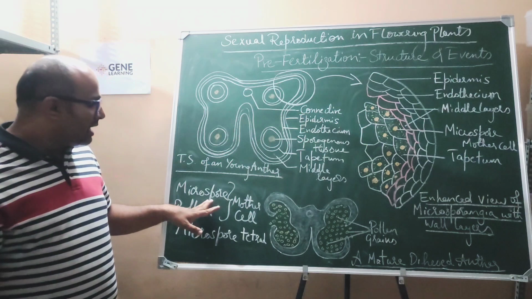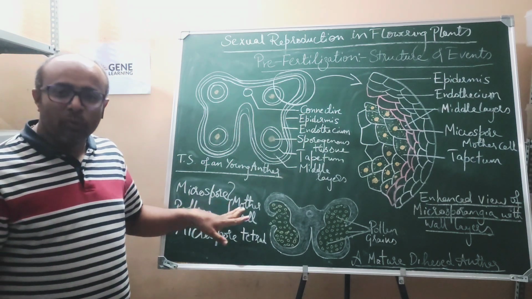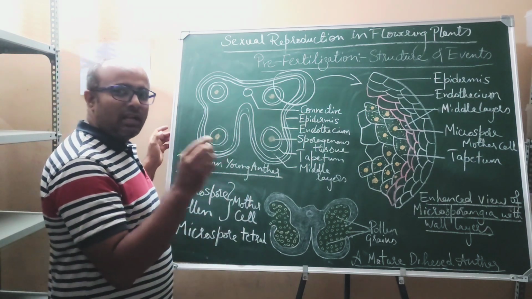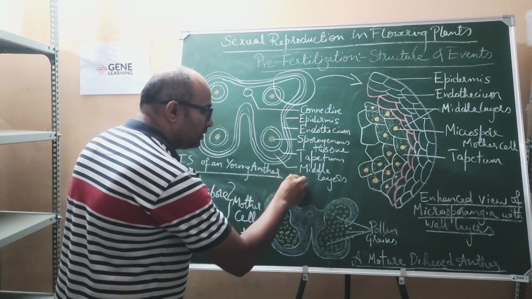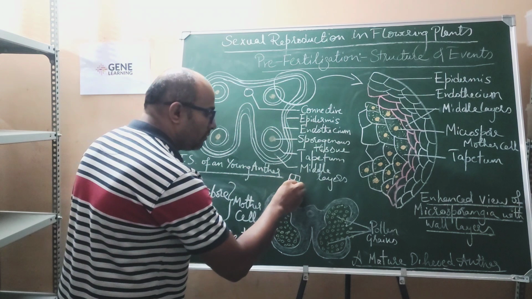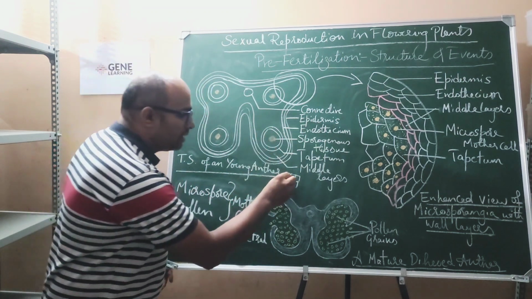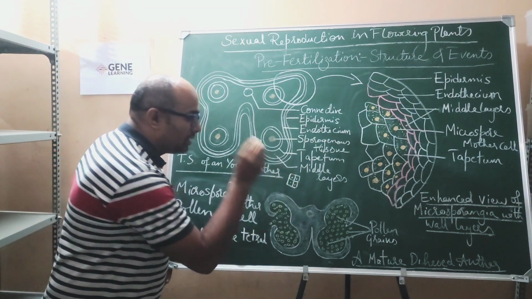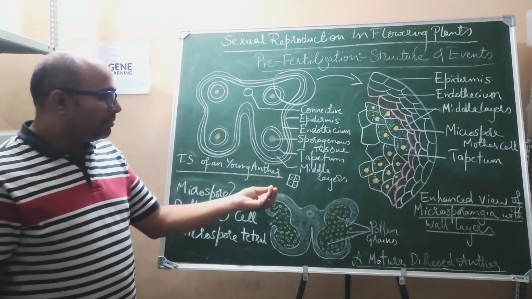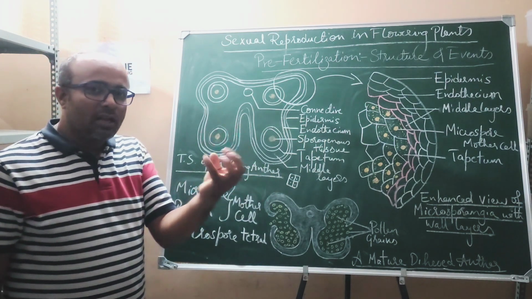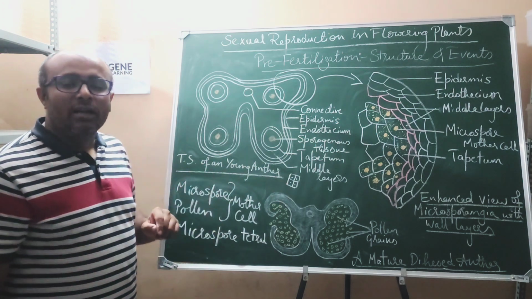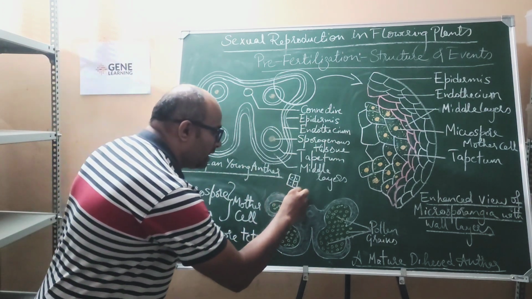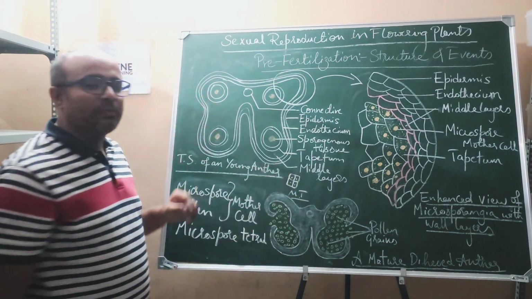It is nothing but each microspore mother cell, when it divides meiotically, giving out four microspores which are clubbed together. That is what we call a microspore tetrad.